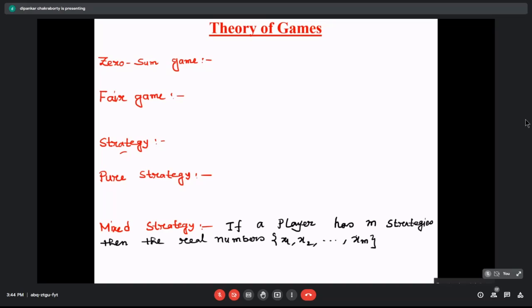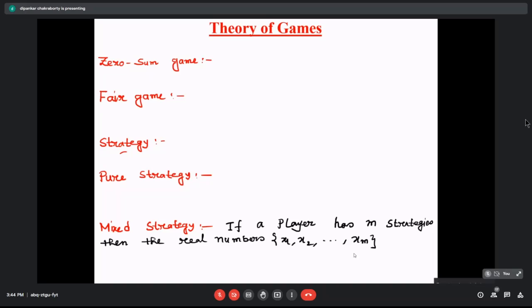Okay, where x1 corresponds to some probability, x2 corresponds to some probability, xm corresponds to some probability. That means they follow some probability rules. They cannot be less than 0, and they cannot be greater than 1.